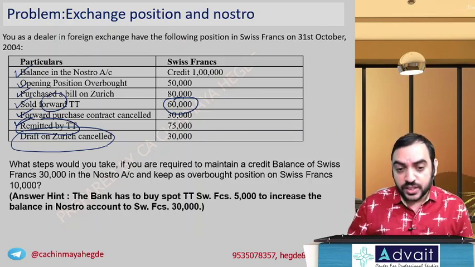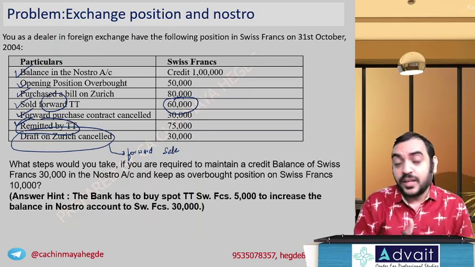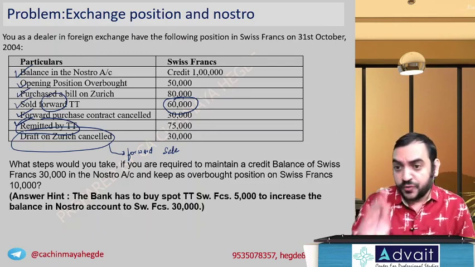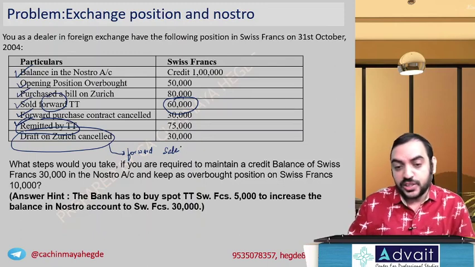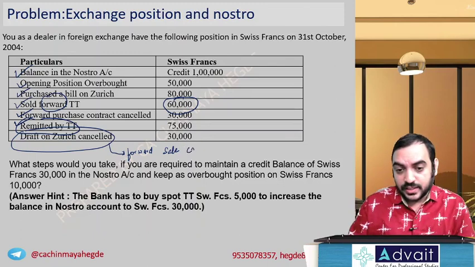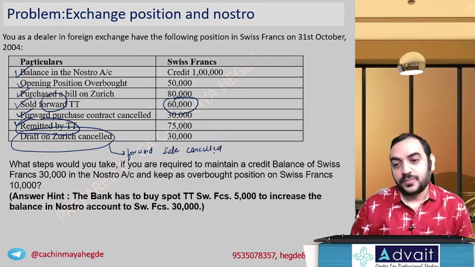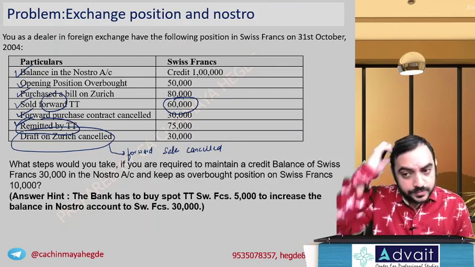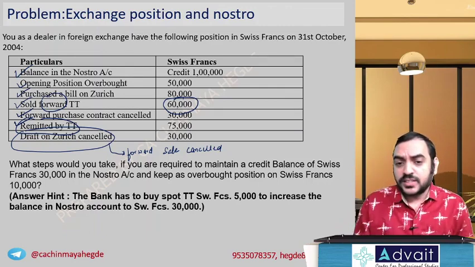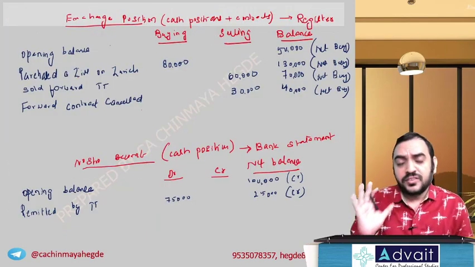So draft on Zurich cancel, you treat like a forward sale. It's a draft. It's not yet come to your bank balance. So it's a forward sale contract, draft, but cancelled. Forward sale cancelled. You had given, but it cancelled. So it will come only in the exchange position.